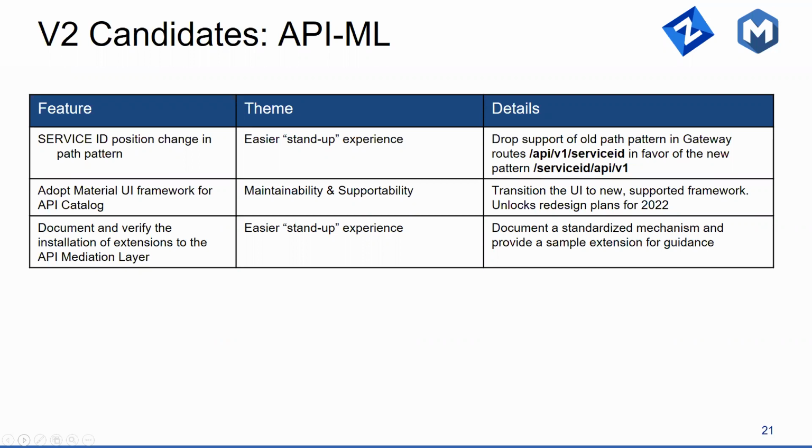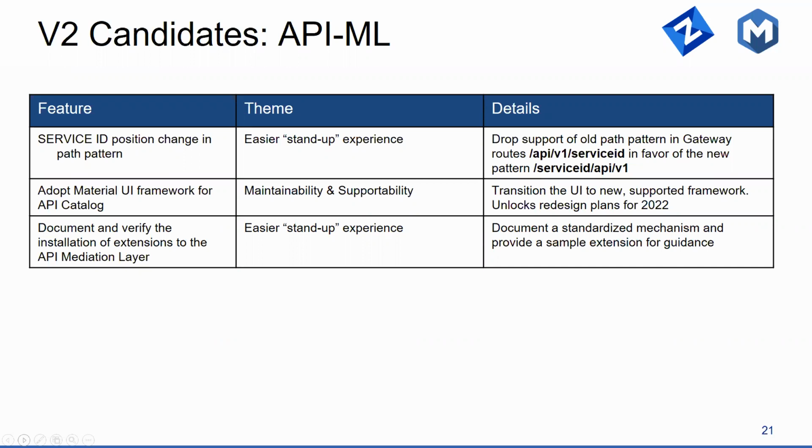And then the third thing I wanted to mention is regarding extensions to the API mediation layer. If you wanted to extend the functionality of the mediation layer, for example via a plugin, at the moment I think you'd need a significant consultation with the squad in order to be able to do that.